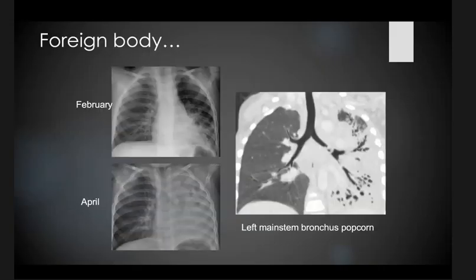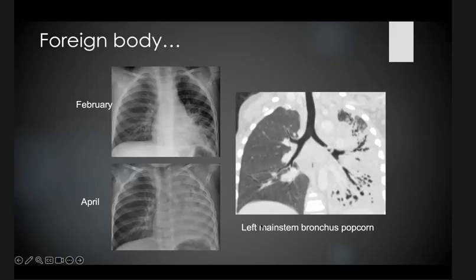Here's another case of a foreign body that we didn't know about at the beginning. She was, I don't know, 2 to 3 years old. She was treated for pneumonia in February with a regular antibiotic course, and she got better, but not that much, and she came back 2 months later with a lung that is almost white, with those air spaces here.